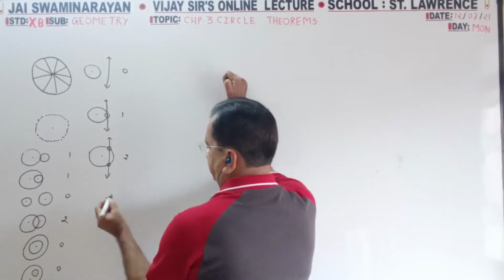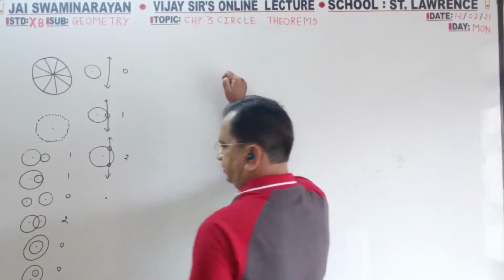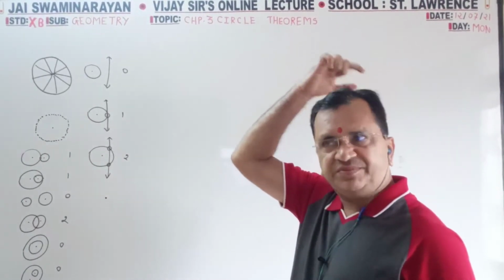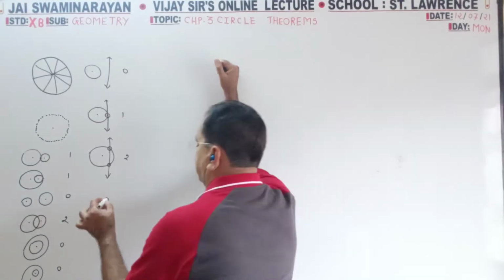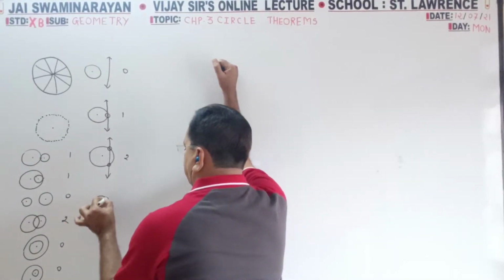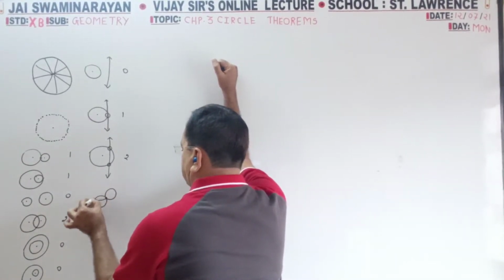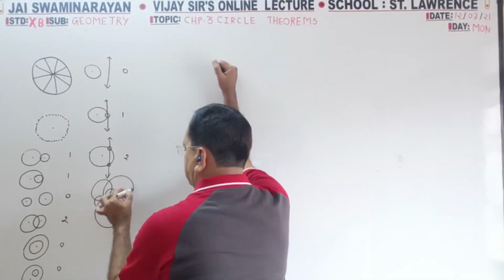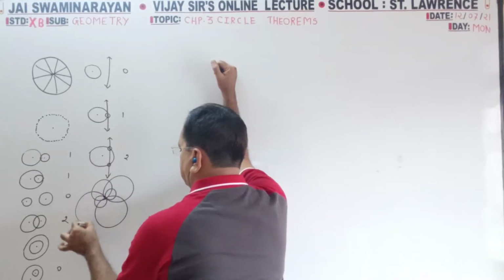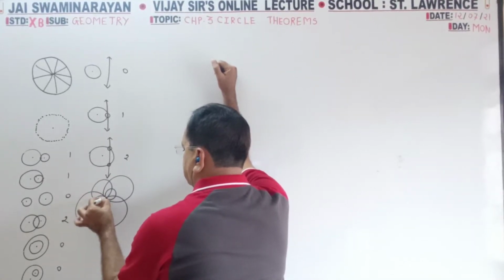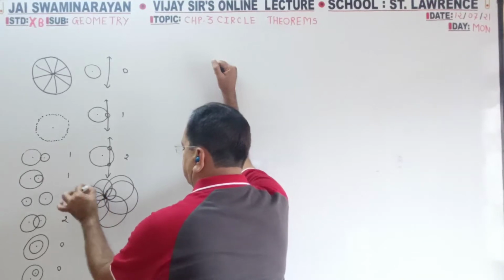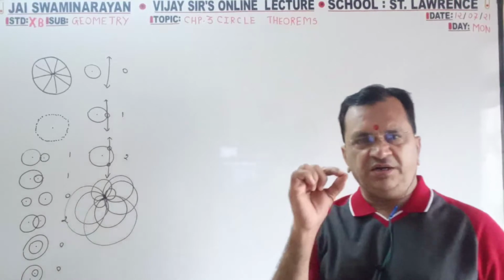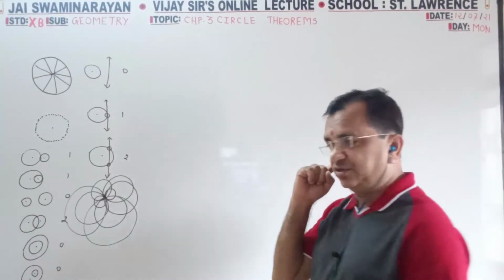From this point, which I am highlighting, how many circles can pass? One circle, two circles, three, four, five, 6, 7, 8. See, from one point, many circles can be drawn.